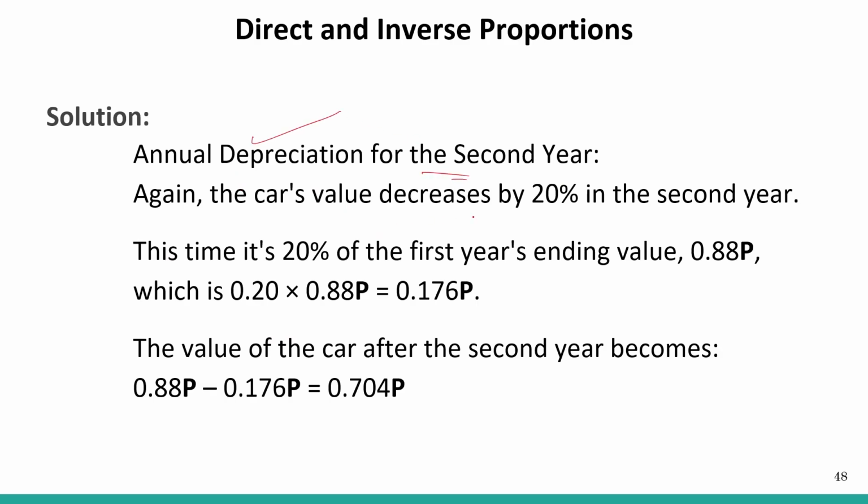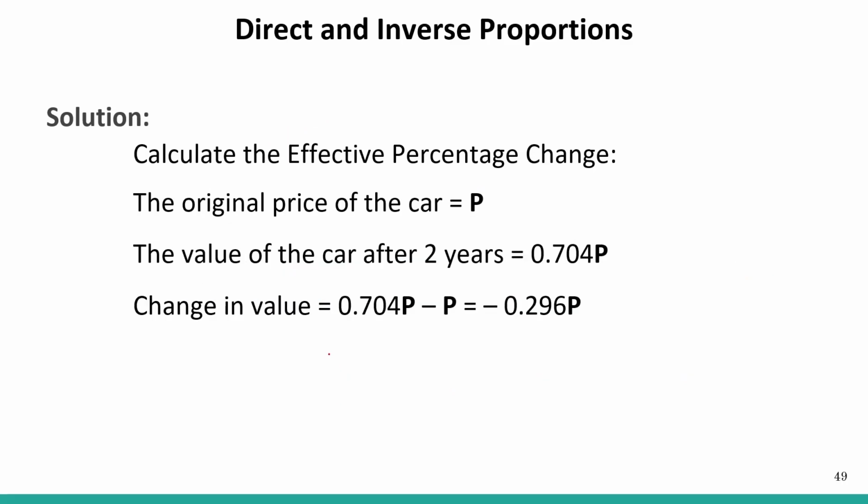The annual depreciation for the second year will be 20% of the first year's ending value, so 0.2 into 0.88P, which is 0.176P. The price of the car after the second year becomes 0.88P minus 0.176P, which is equal to 0.704P.